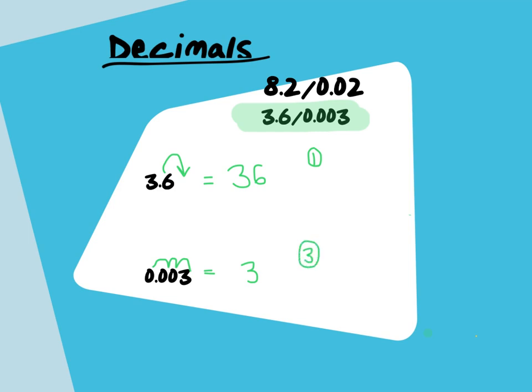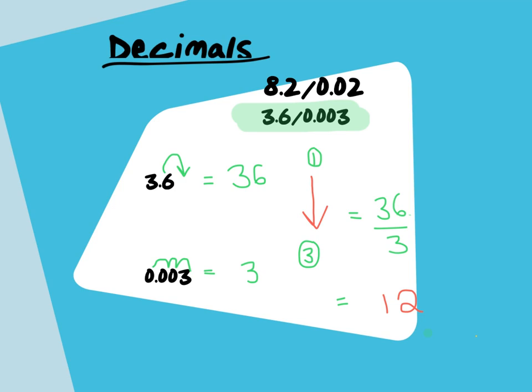Okay, now we've got our whole numbers. So what we've got is 36 divided by 3, and that equals 12. Right, and remember what we did in the last question. The first thing that we've got to do is look at the difference between how many times we've moved those decimal points.